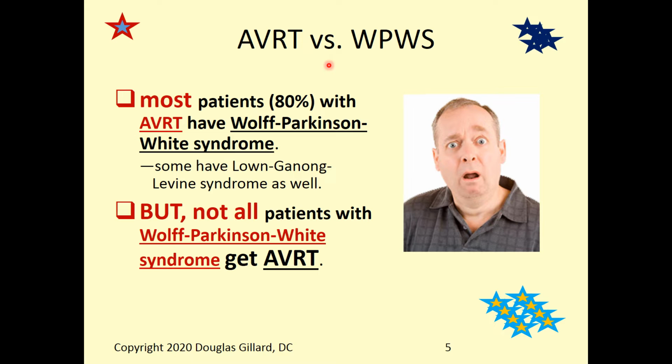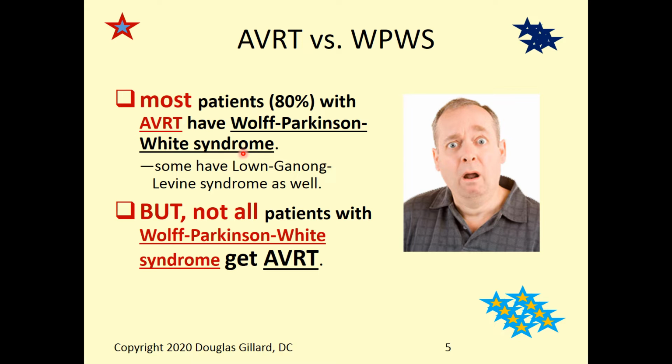Okay, I said we can't talk about Wolff-Parkinson-White syndrome without talking about AVRT. Most patients with this hole, actually about 80% of patients who develop the second most common cause of a racing heart, that's called Atrioventricular Reentry Tachycardia, which we'll talk about in a second, have Wolff-Parkinson-White syndrome.